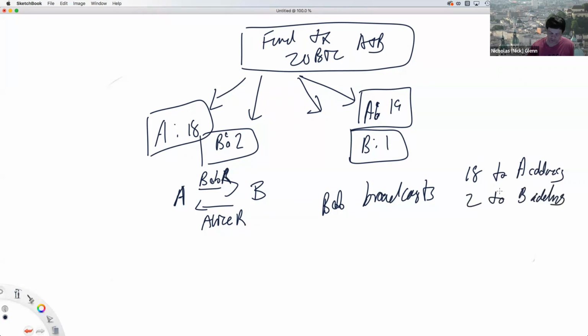And as he tries to send this transaction right here, well, Alice needs to catch it before 100 blocks pass.